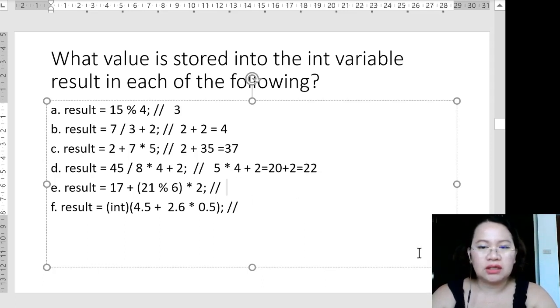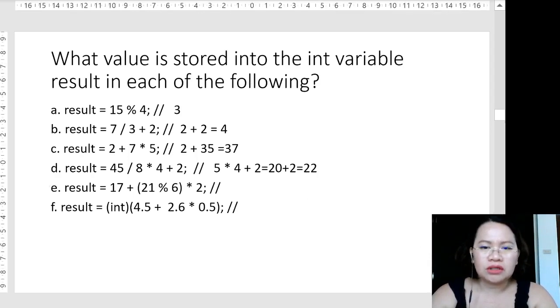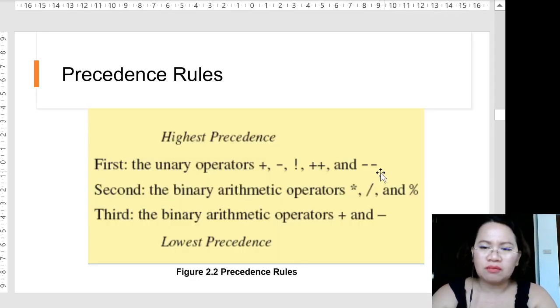Okay. Next, you have 17 plus, enclosed in parentheses, 21 modulo 6 times 2. Now, we don't have parentheses in our precedence table, no? But the one in parentheses, as always, has higher precedence.